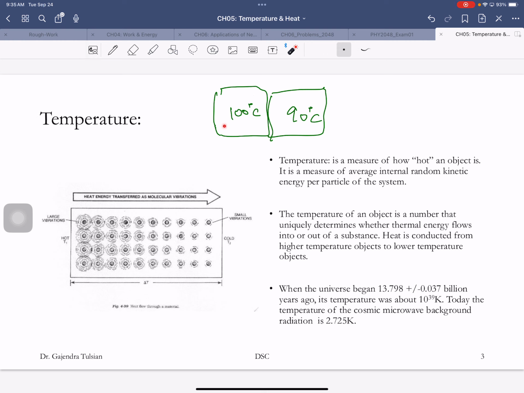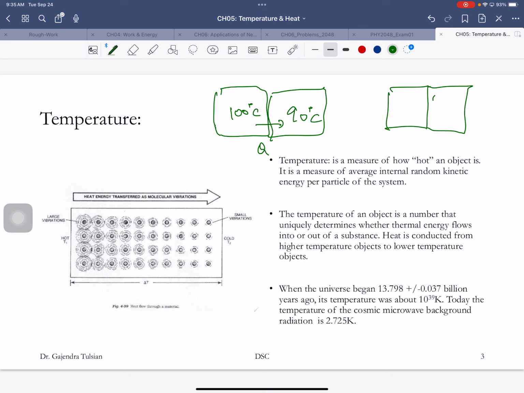As soon as you know that this temperature is higher than this temperature, heat can flow from here to there. Q is the symbol used for heat. So when one object's temperature is higher than the other's, heat can flow from one object to another.